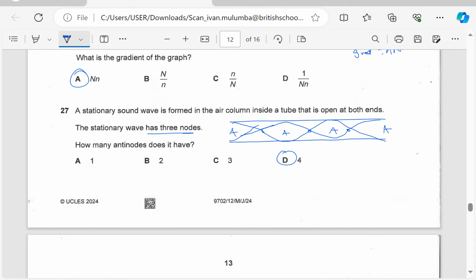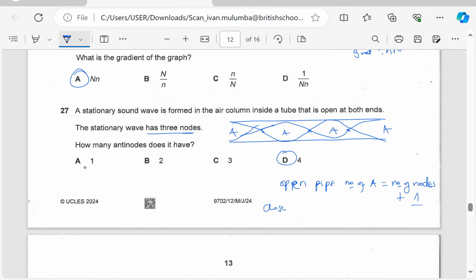Normally, for an open pipe, the number of antinodes equals the number of nodes plus 1.